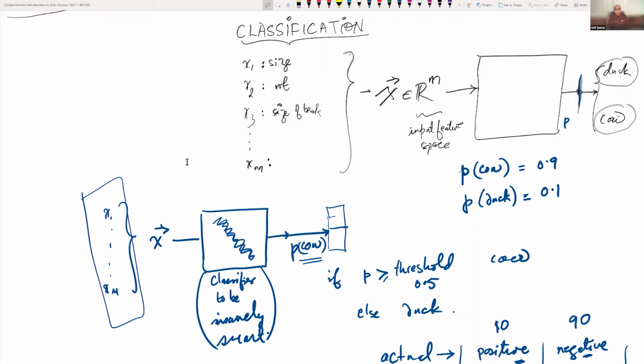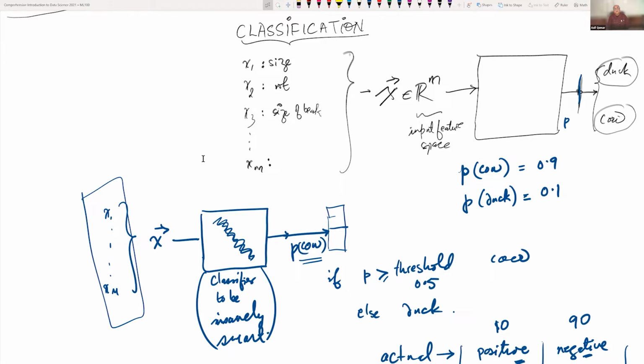So that is classification. Now, when we do classification, machine learning is all probabilistic. There are no certainties here. So one of the intermediate steps is you produce a probability that it is a duck or a cow. When you produce such probabilities, it leaves a final task at hand. At what threshold would you put the cutoff and say, beyond this threshold of probability, it is a duck.